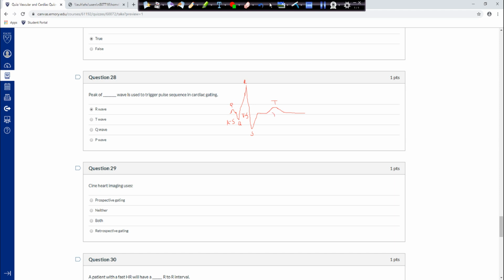So this is ventricle diastole, where the ventricles are relaxing. You don't see the atrial diastole because that occurs during this time. So this QRS wave covers up the atrial diastole.